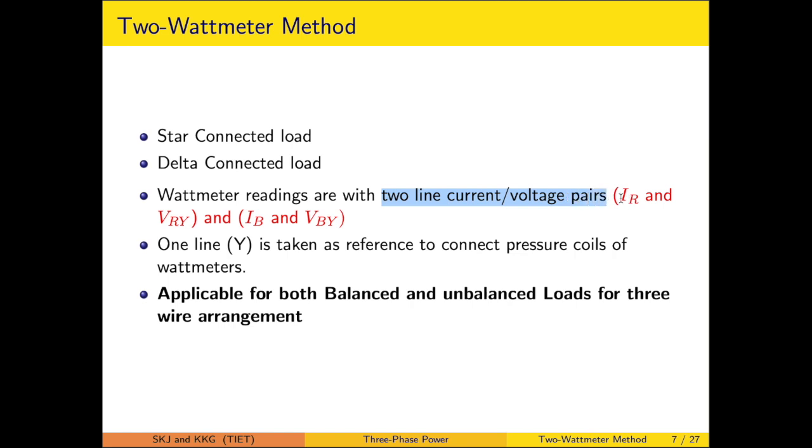In this example, one of the lines, Y, is taken as a reference. So with respect to that, we will be having IR and VRY as one pair, and IB and VYB as the other pair. When one of the lines is taken as a reference, we will not be measuring the current of that particular line.